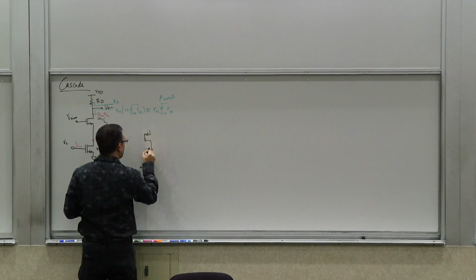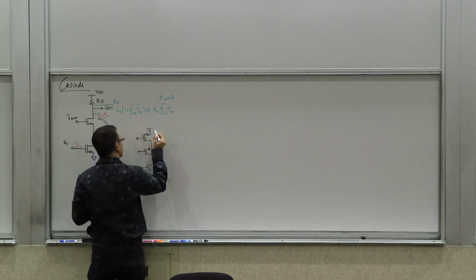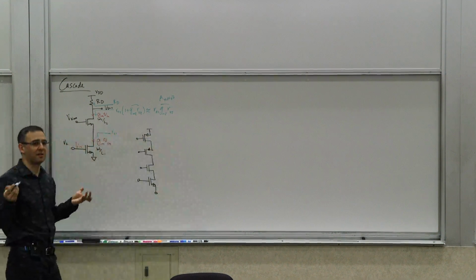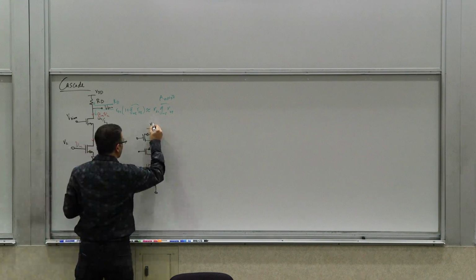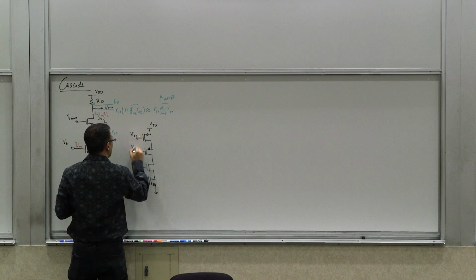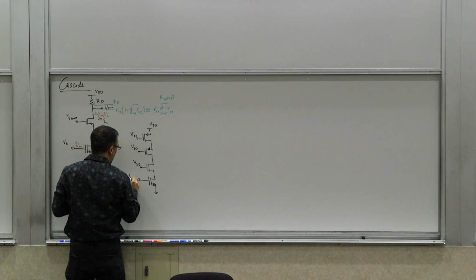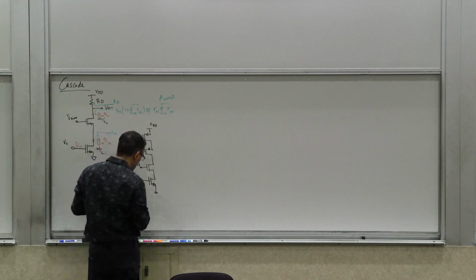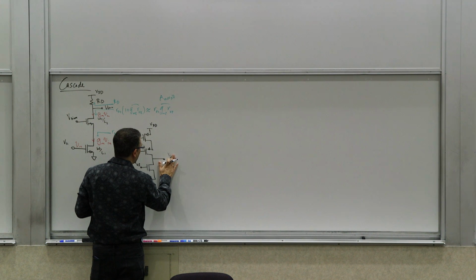So you use two p-FETs, or if you were doing bipolars, you would use PNPs, or p-type devices in the case of an arbitrary three-terminal device. And then you have VB1, VB2, VB3. These are bias voltages, fixed voltages. This is your Vin, and your output is taken from here, Vout.